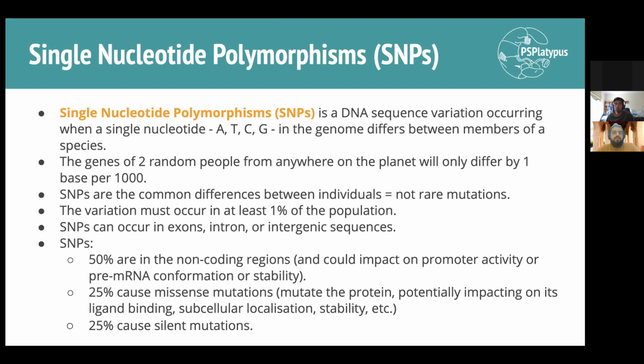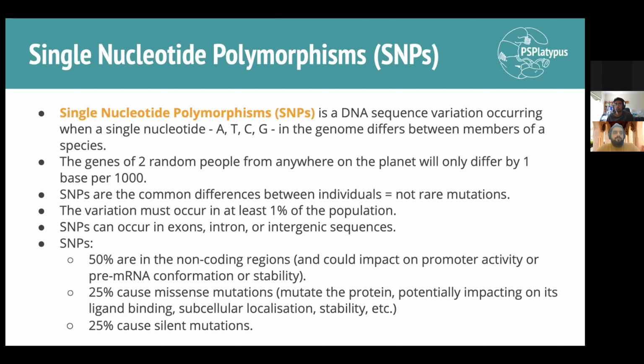We inherited about 3 billion bases from each of our parents, and the difference between them is only 1 base per 1,000 bases, and this is universal.